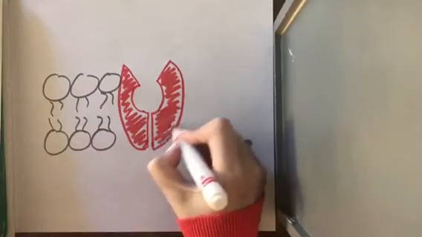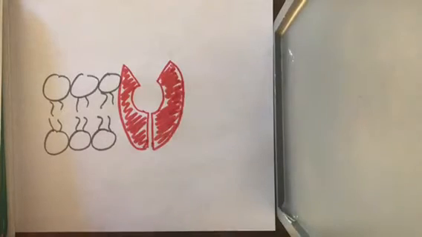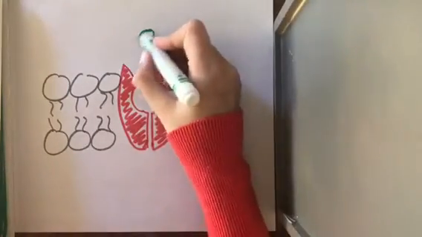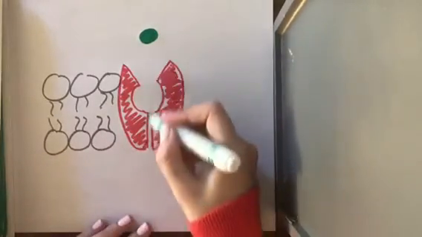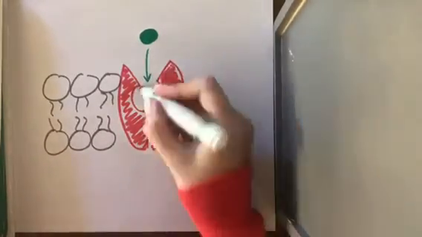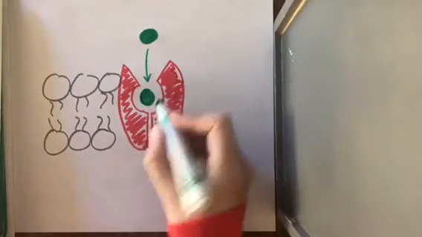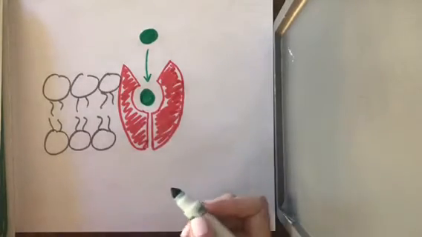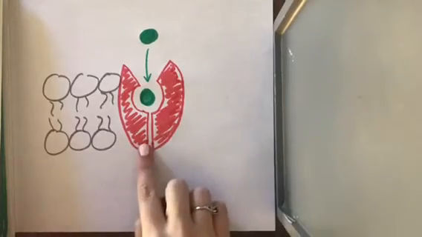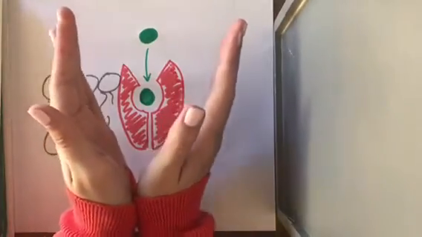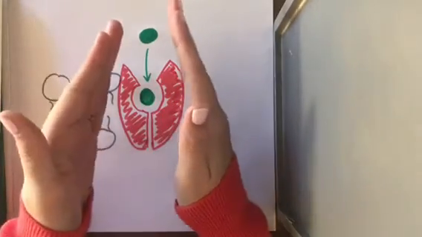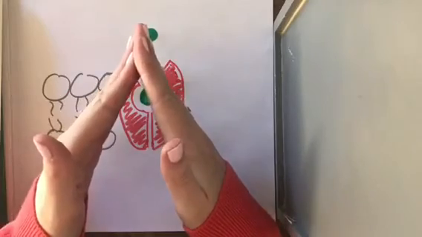These proteins only work with specific molecules. Anything can't just jump in there and hitch a ride. So this molecule right here needs to go to the other side. It wants to go through. However, it's only going to make it to here. You can see it's not going to fit through there. So what is going to happen is this protein, right now the top is open, and that top is going to close, and that's going to open up the bottom.